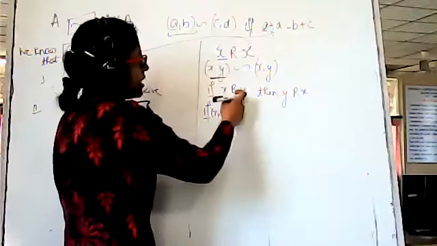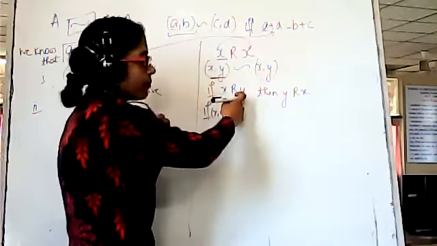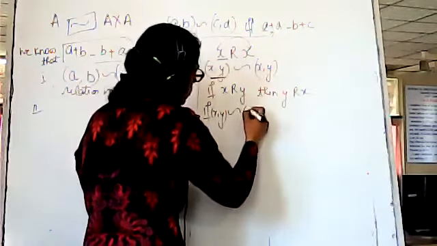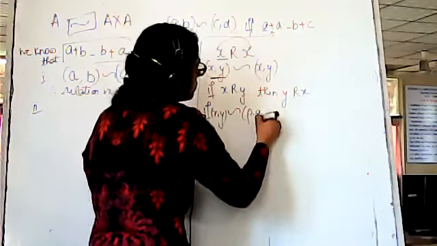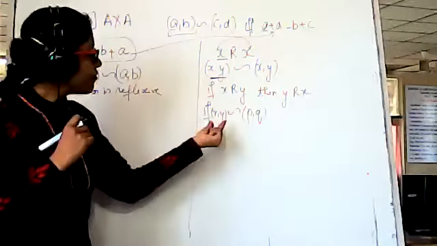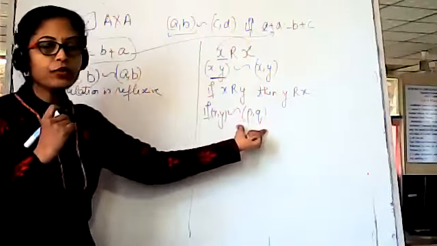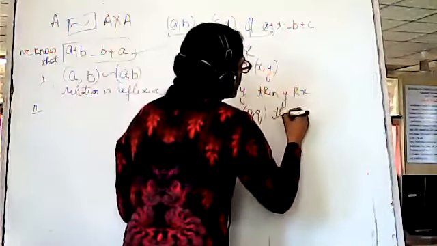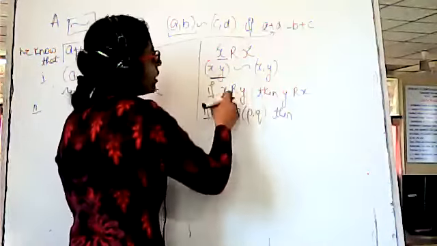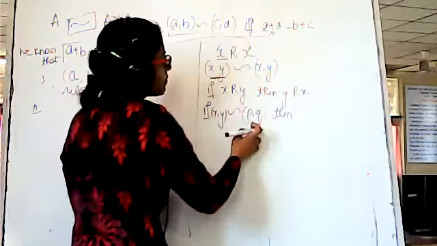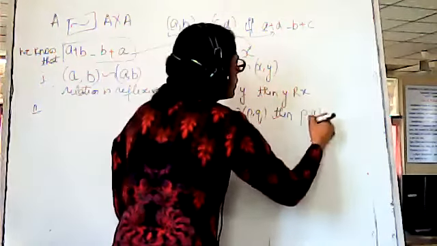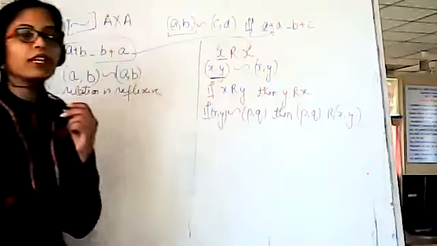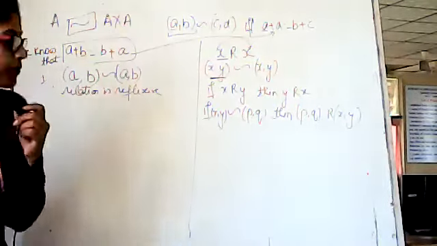If ordered pair xy is related to, let us suppose, pq, then the relation will be symmetric if it also works in reverse, that is, if pq is related to xy. Then what do we say? The relation is symmetric.